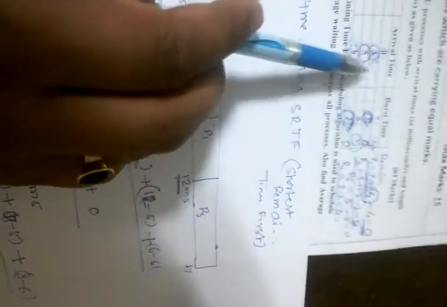For P3, it starts at 12 milliseconds and its arrival time is 5 milliseconds, so 12 minus 5.